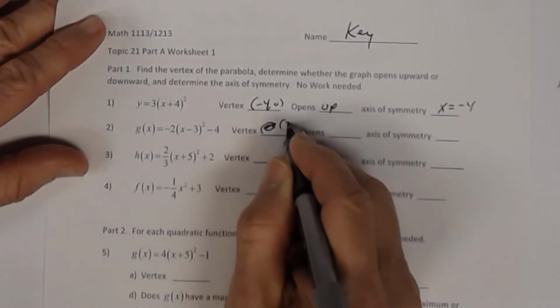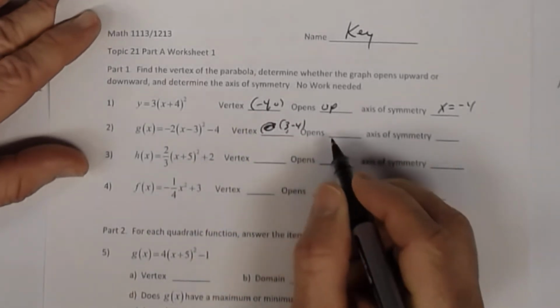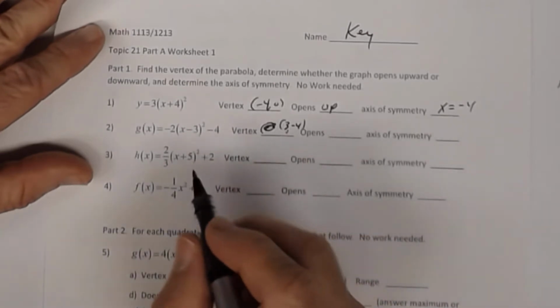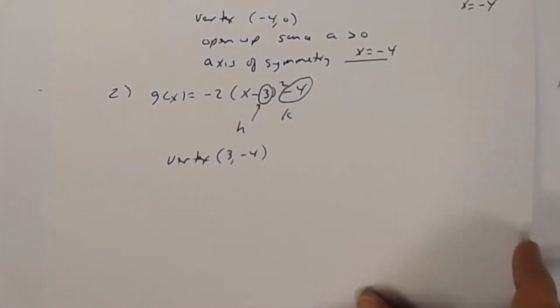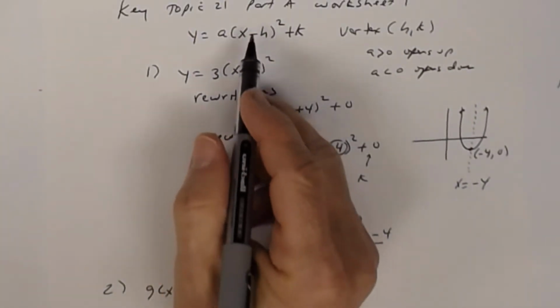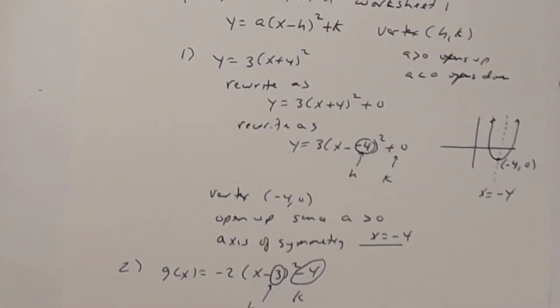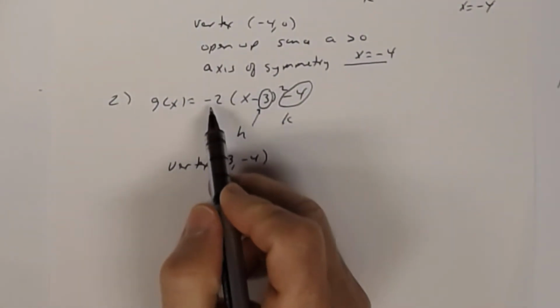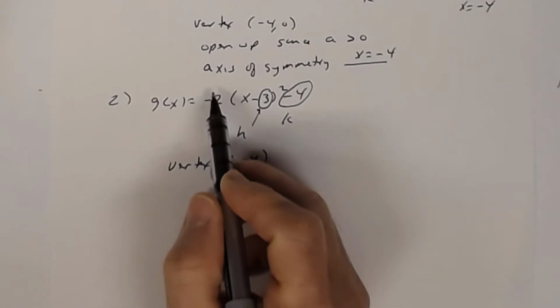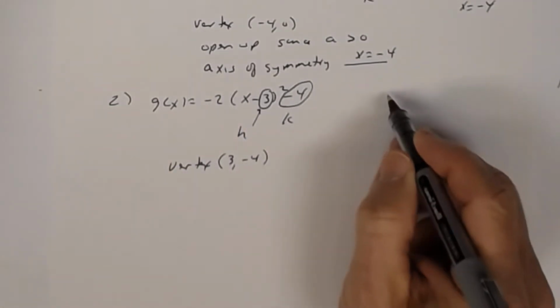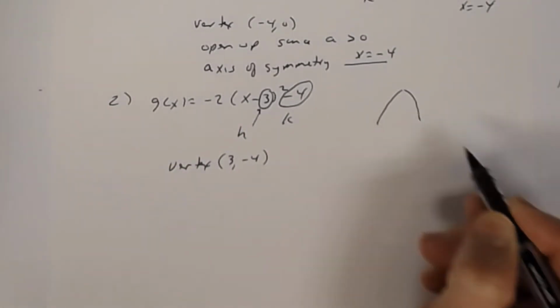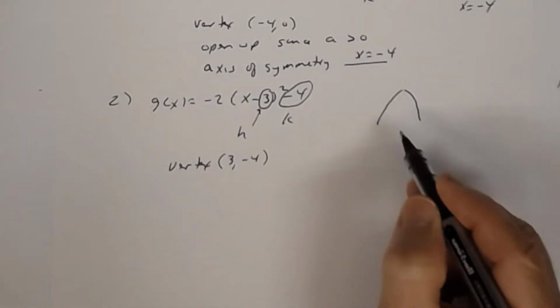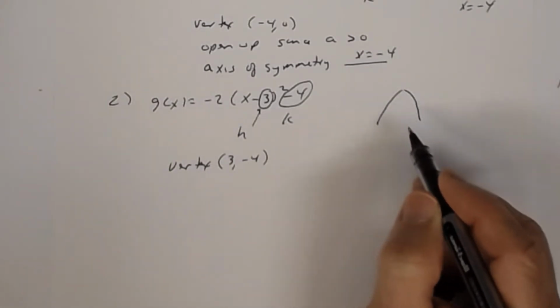Positive 3, negative 4. Now you need to determine if this opens up or down. Well, remember, what determines whether it opens up or down is a. And in this case, a is negative 2. So since it's negative, your parabola is going to open down. It's going to look like this. So in your mind, that's what you should be thinking of as well.